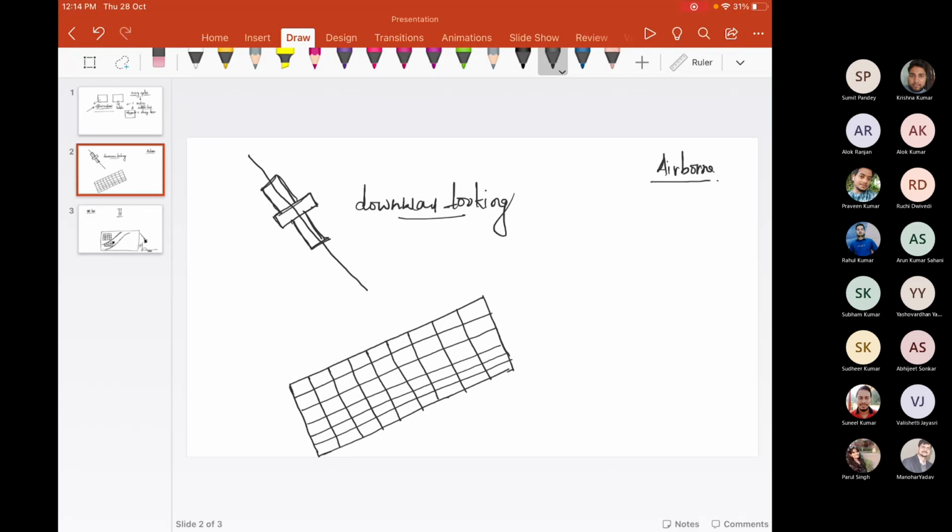The main part that we need to understand is this: if you project this trajectory on the ground, it will fall somewhere here.